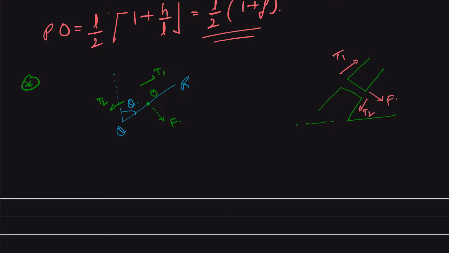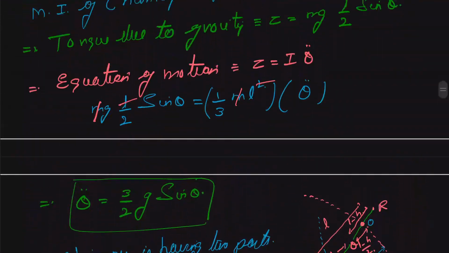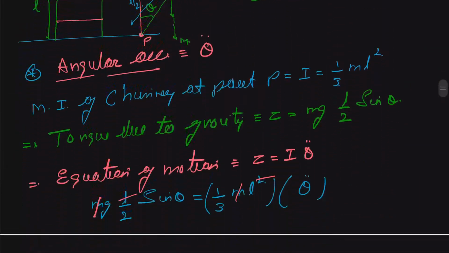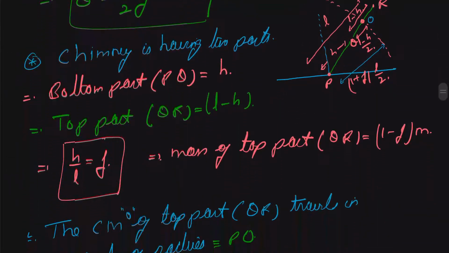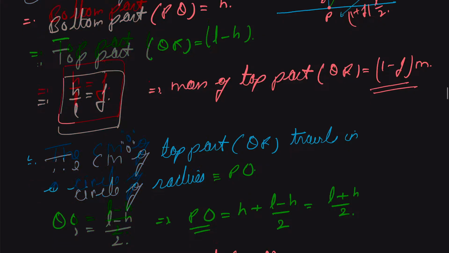We have our force mg acting through the center of mass in the downward direction. So this angle will also be equal to theta. So we can divide this mg into two components. Sorry, the mass won't be m. Because the total mass is m, the mass of the top portion is 1 minus f times m.